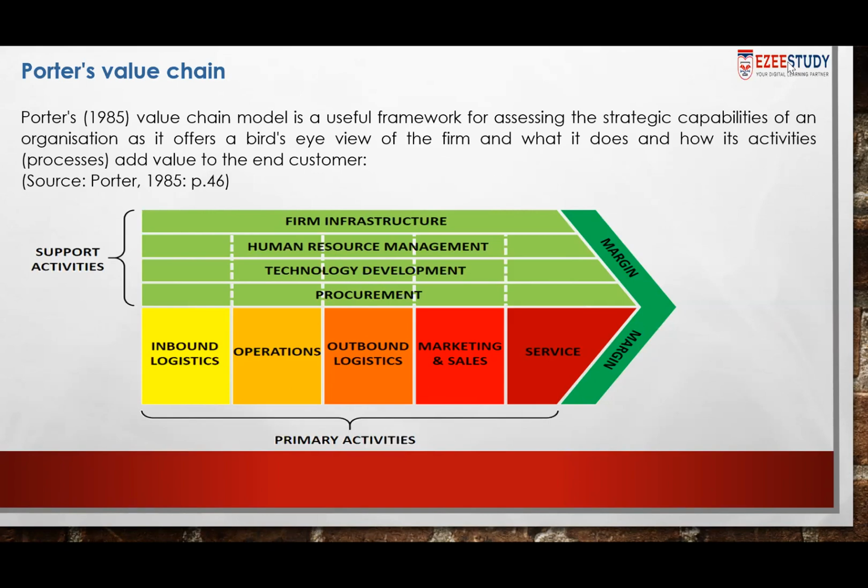Then we discussed another model which was basically a micro level analysis, and that was Porter Five Forces model, which was basically to analyze an industry position. It was actually looking at factors at the industrial level that might affect a company's strategy or company's performance. And the factors involved in this model were the threats of new entrants in the market.